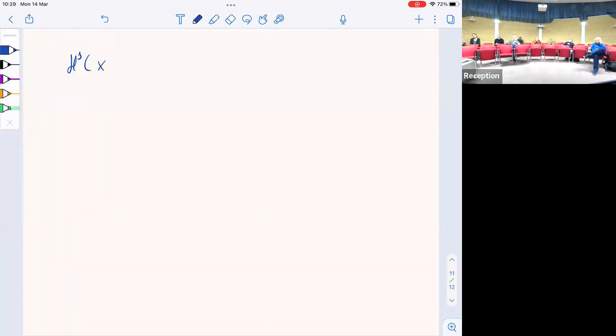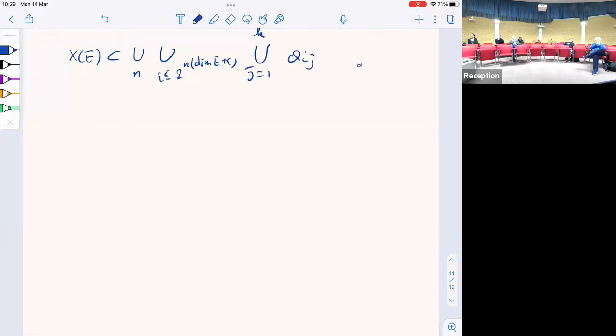As such, we know that we are going to cover the set E first by taking the union over all the scales, and there are this many intervals needed to cover the set E. This is the number of dyadic intervals we need to cover set E. And for each such interval, I'm going to cover it with exactly k intervals coming from the k hitting times in the small interval of the dyadic interval, Qij. So the diameter of Qij is 2 to the negative n over alpha plus epsilon.